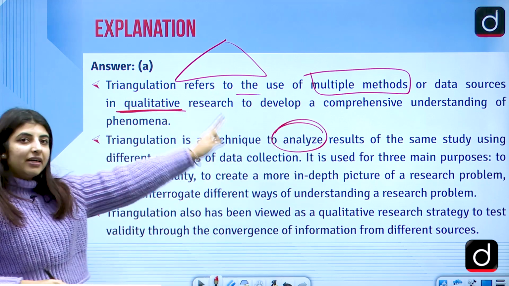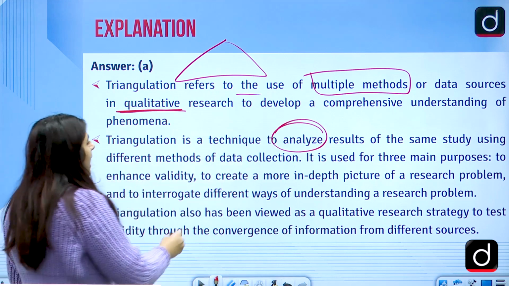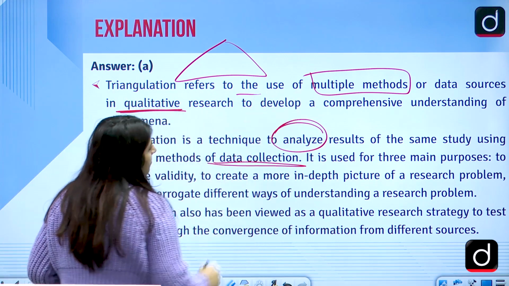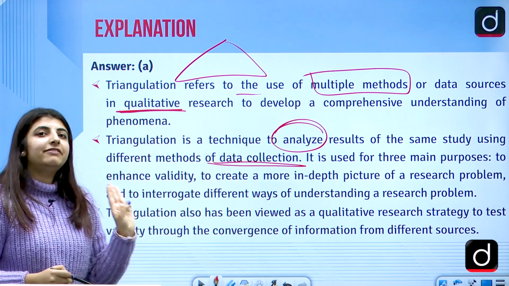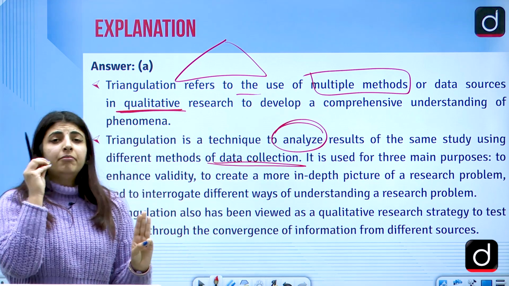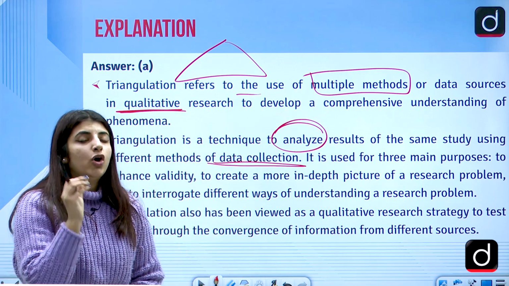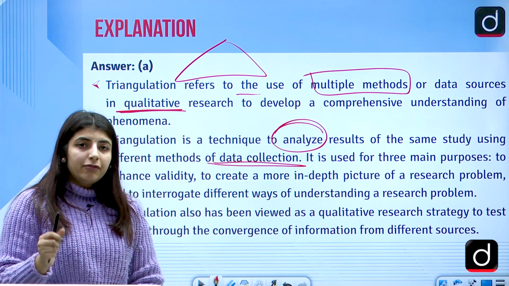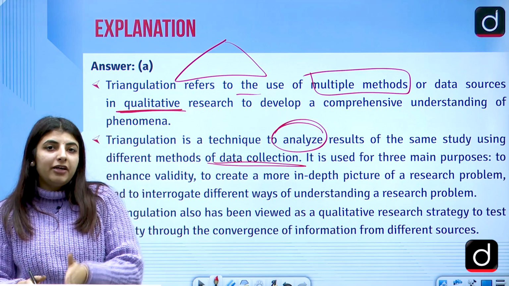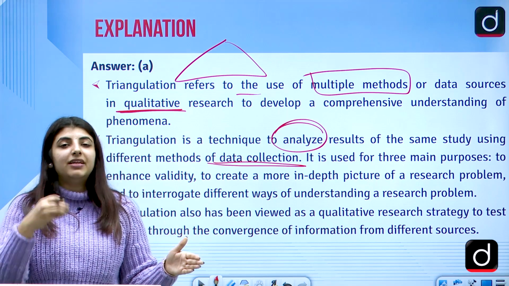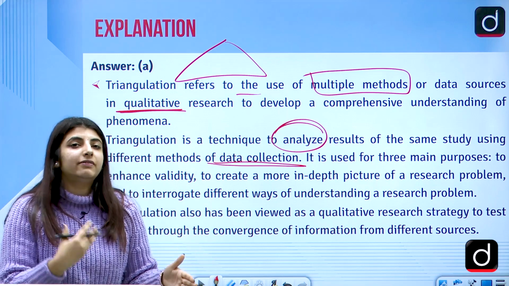So different methods are there, right, and data is collected using different methods. Three main purposes are there: to enhance the validity of the research. The major important point of triangulation is that if your research is repeated over time, it should be the same. Hence, it will prove its validity as well.